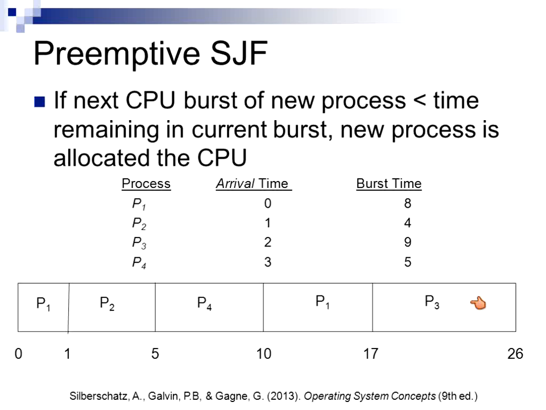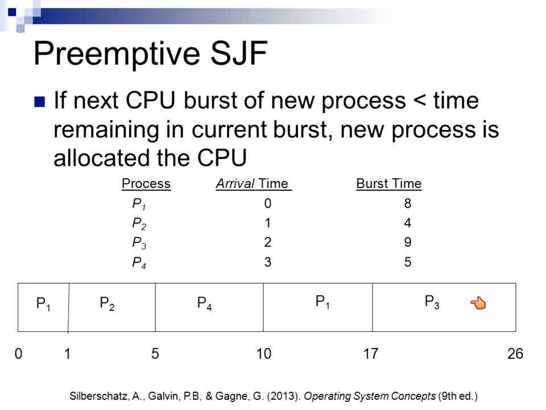You can see how the next process to be allocated the CPU really depended on how much time it was going to use the CPU, and the shortest job got the CPU. We could calculate the average time for the preemptive shortest job first, and we would get 6.5 milliseconds.